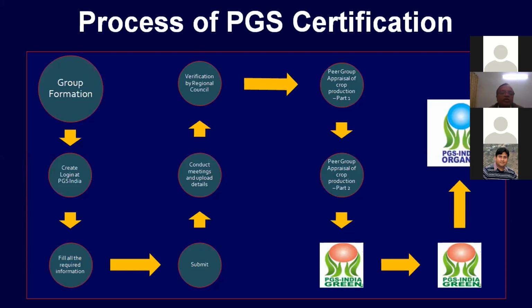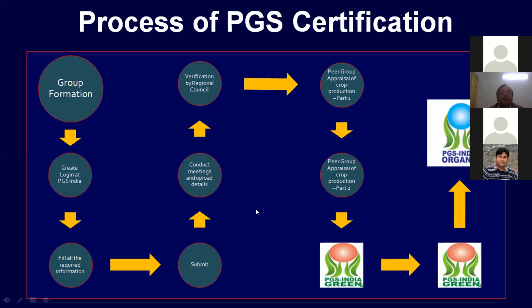This chart explains the whole process of organic certification followed under PGS India. The first condition is formation of a group. That group will be allotted or created a login on the PGS India portal. And here the role of the service provider and certification body comes. Then all the information or farm history of each and every farmer is filled on the PGS portal.